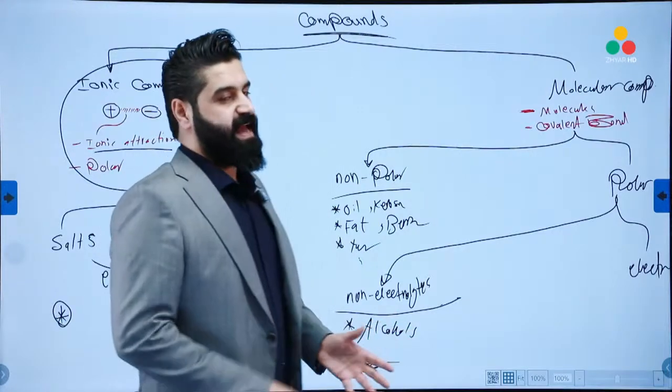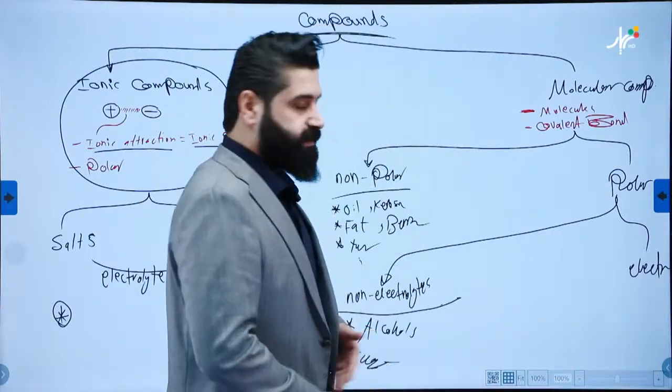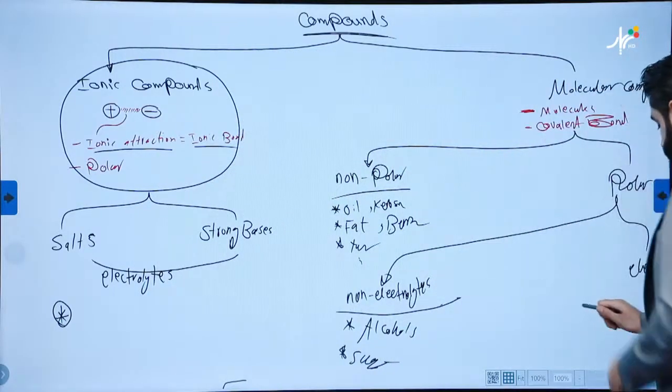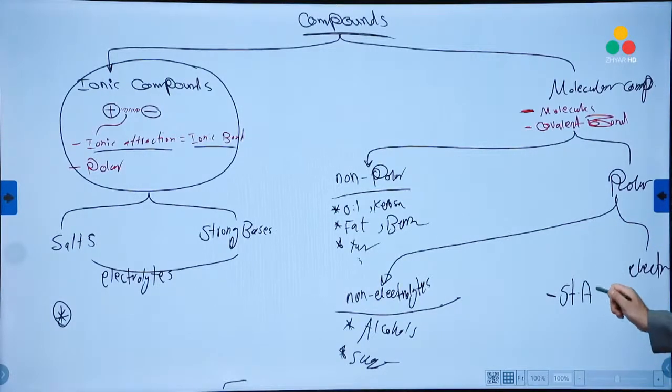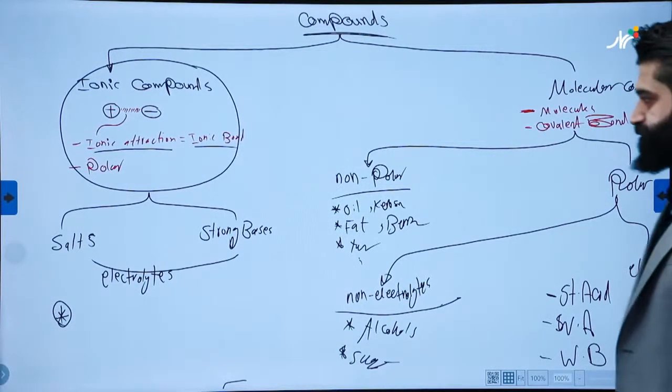Alcohols like ethanol, methanol, even glycol, and sugars like glucose, sucrose, and so on. For the electrolytes: acids, including strong acid and weak acid, and weak base.